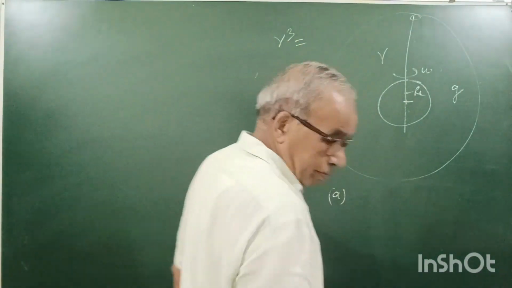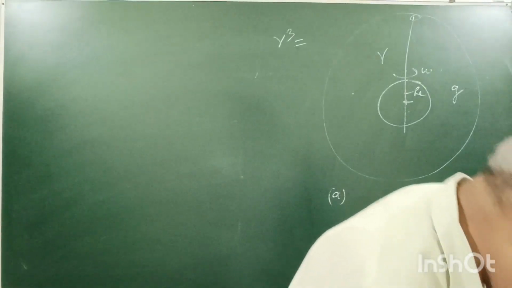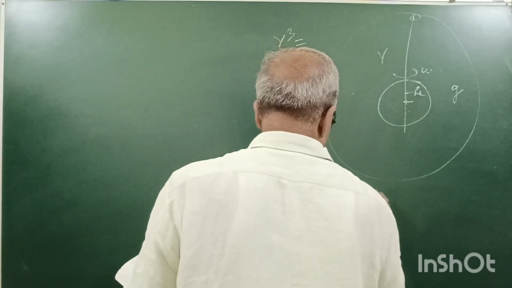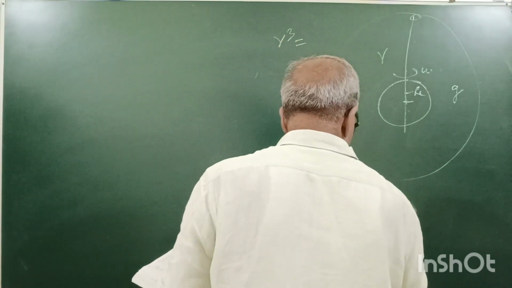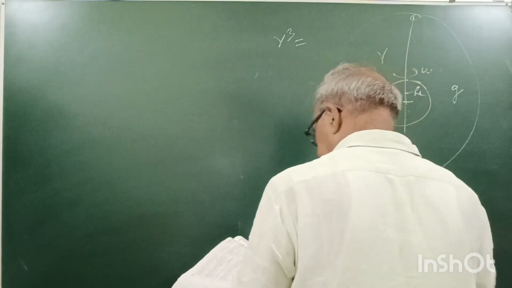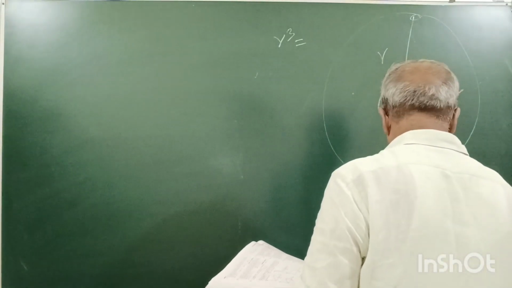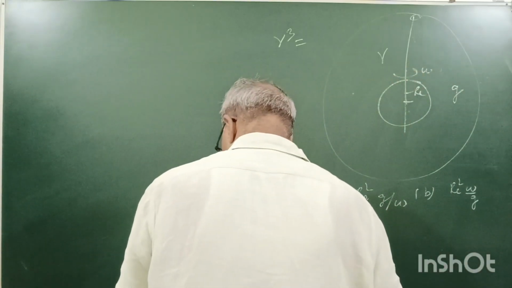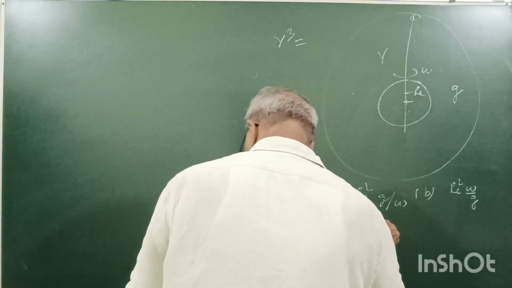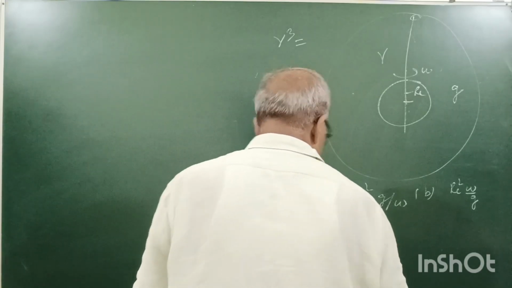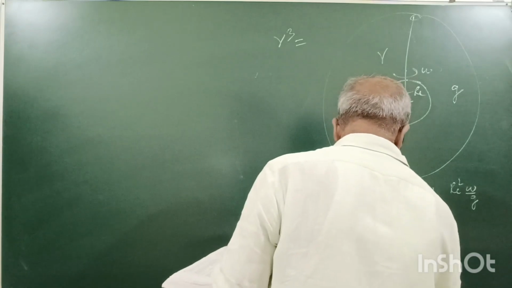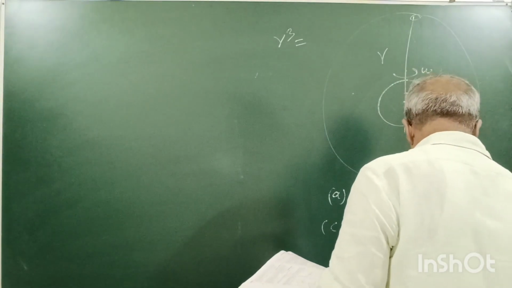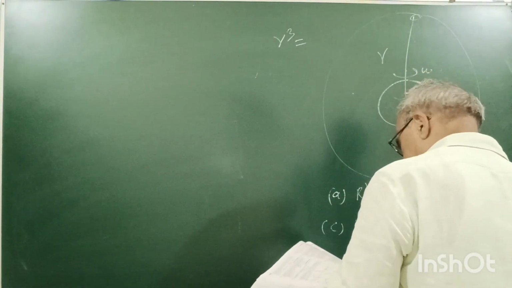Let me write them here. Option A is RE square G upon omega. B is RE square omega upon G. C is RE G upon omega square, and D is RE square G upon omega square.